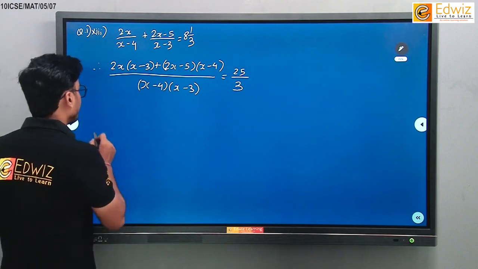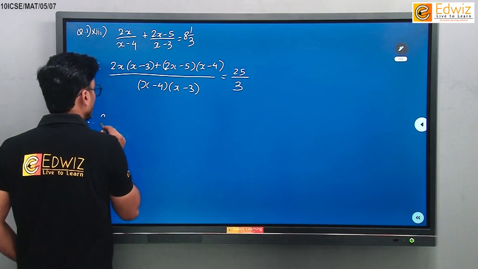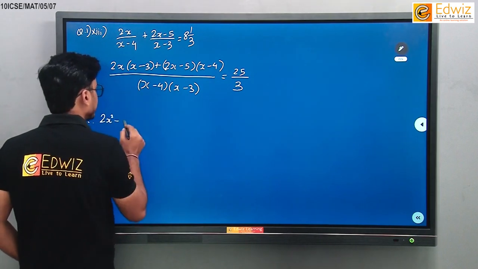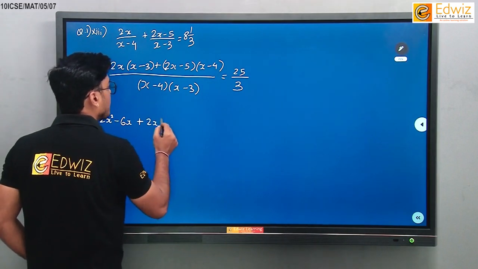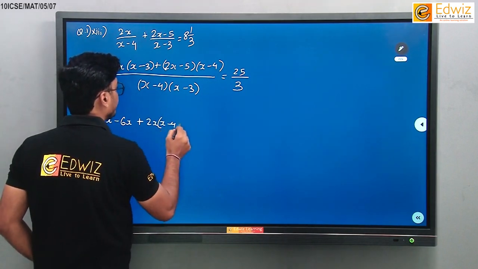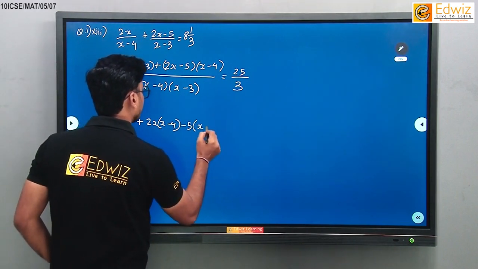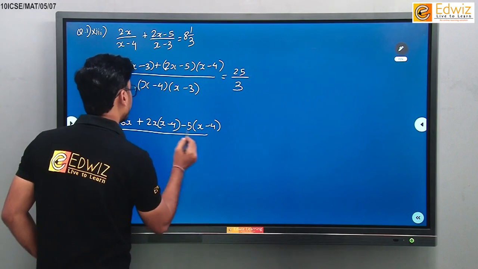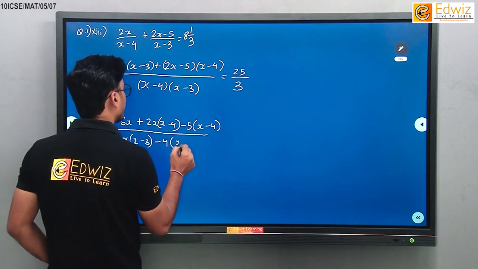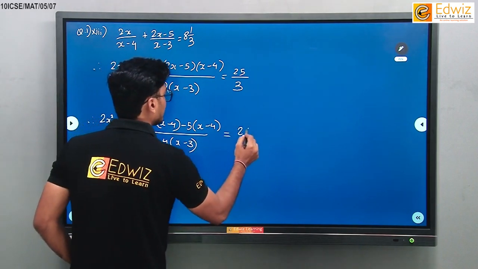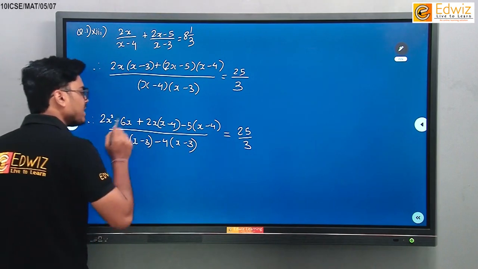Now if we open the brackets in the numerator as well as the denominator, this is 2x square minus 6x plus 2x multiplied by x minus 4 minus 5 multiplied by x minus 4, divided by x multiplied by x minus 3 and minus 4 multiplied by x minus 3, equals 25 divided by 3.